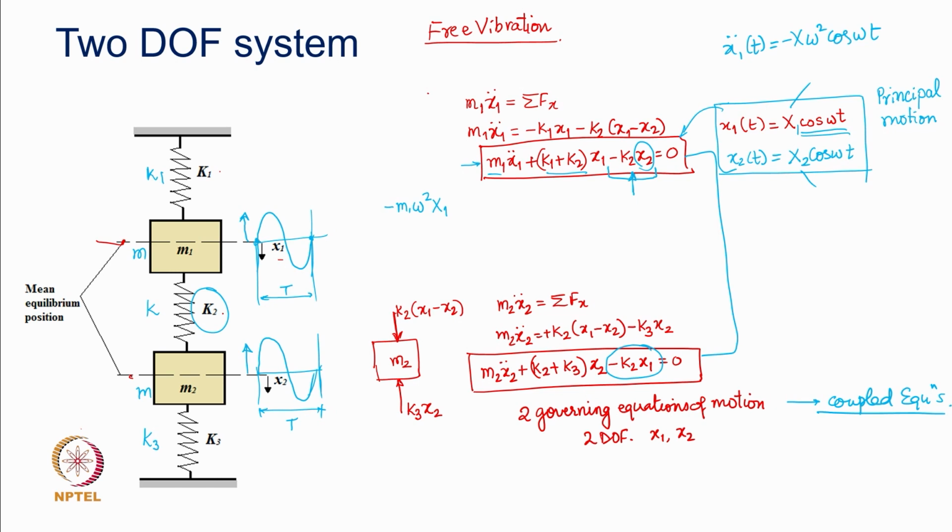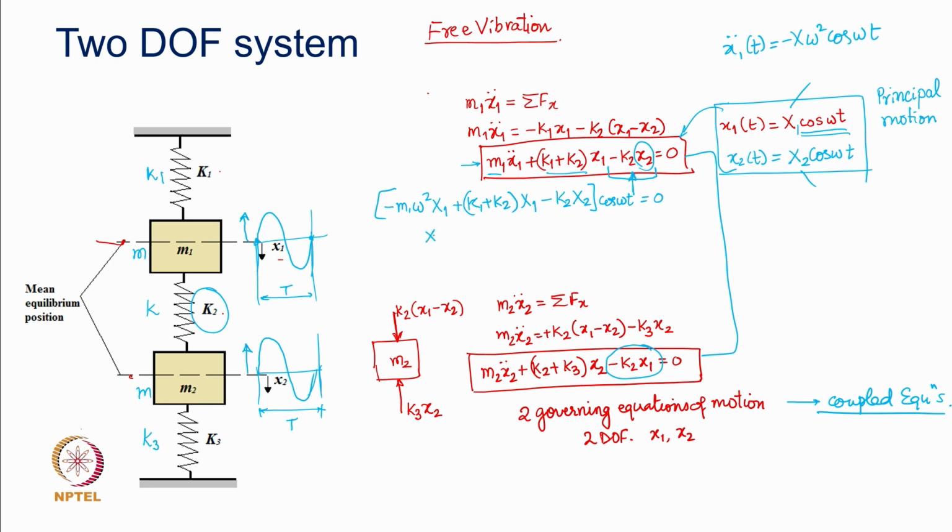Similarly, for X2. So, the first equation here would turn out to be K1 plus K2, this one will be X1, and then it will still be multiplied by cos omega t, which I am going to take out as a constant multiplying term, since the same term appears in all the terms. Which actually means what?